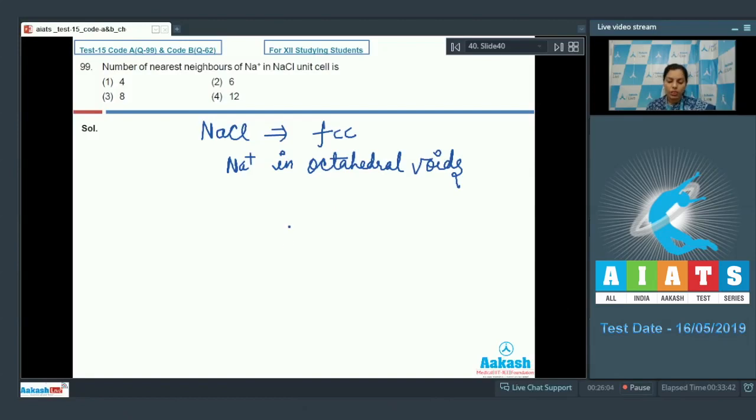If a single Na+ ion is in an octahedral void, it will be joined with Cl- in this way. It means 6 nearest neighbors are there. That's why I'll choose option 2 as my correct answer.